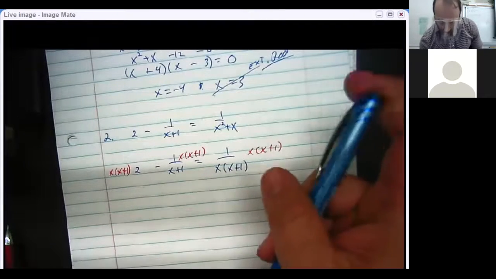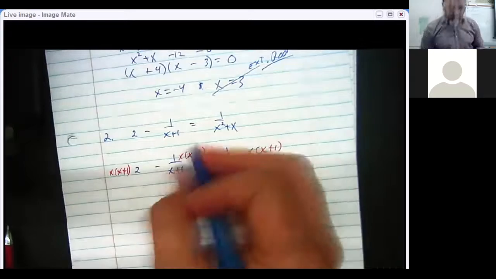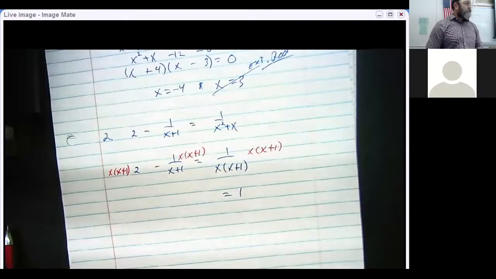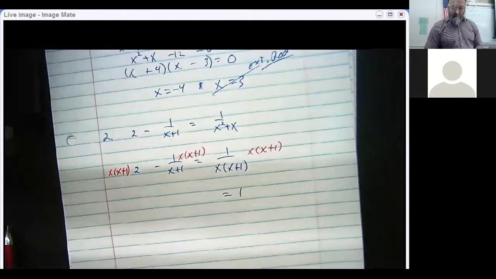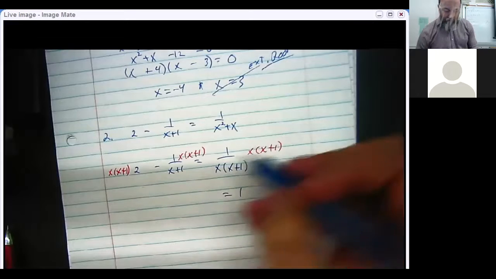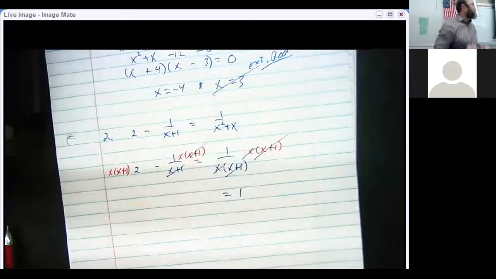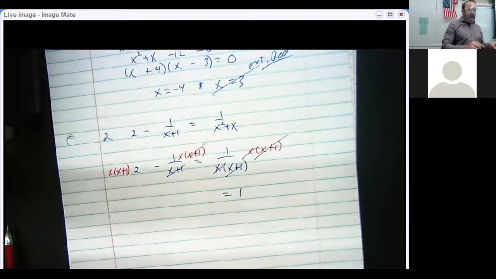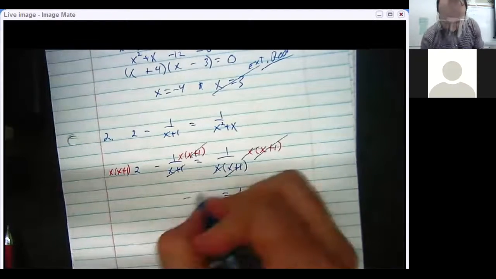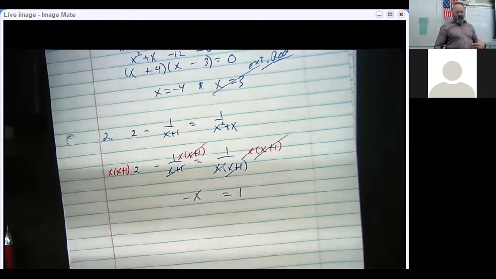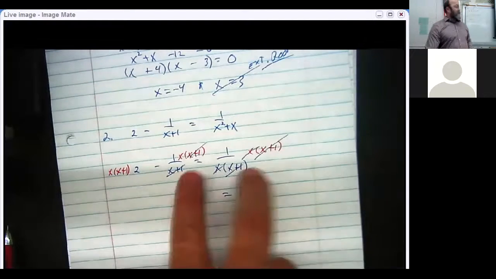Good. What does this term turn into? Careful about the pluses and minuses. See, the x cancel, the x plus 1s cancel, the x plus 1s cancel. What's left? A negative 1x. Perfect. And then the last one, I kind of always do that myself because this is like the easy part.